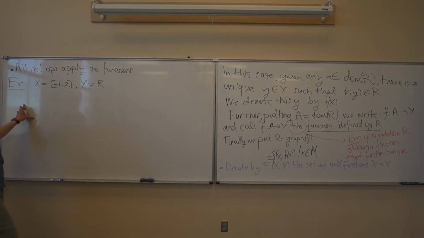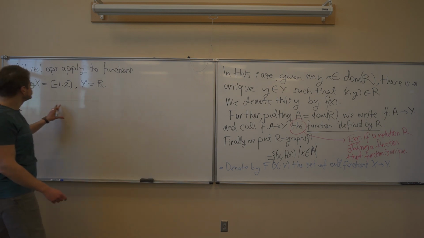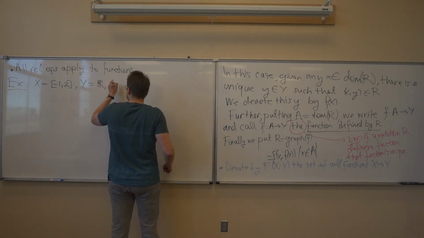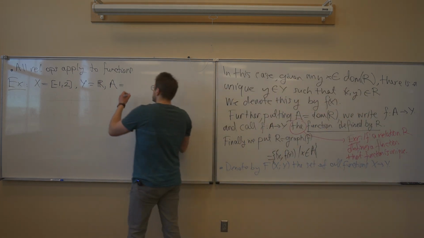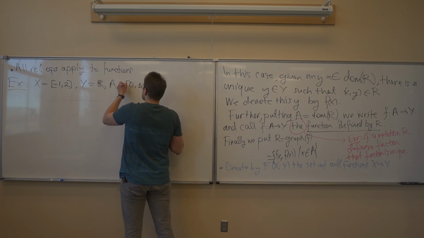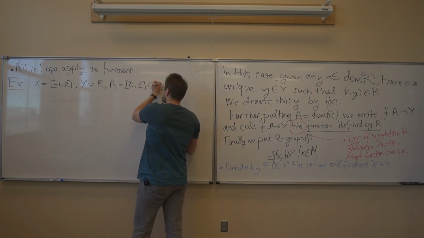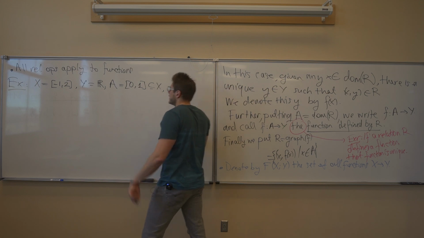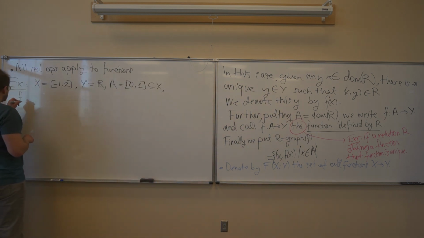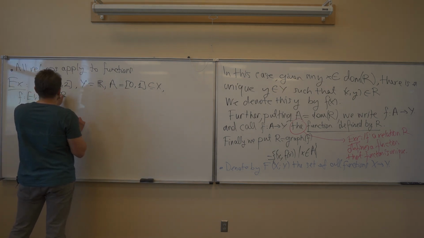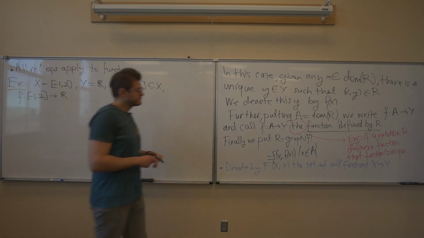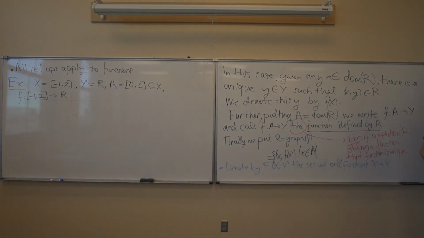Let's also take a subset of this so that we can think about the restriction operation. So A, let's say 0 to 1 closed. So this is a subset of x. And I'm going to define f from x to y, so -1 to 2 to R. And this is a syntax that you're going to see very often.